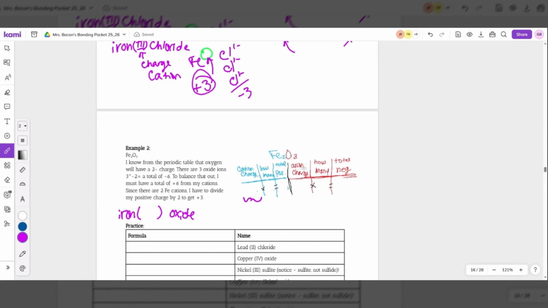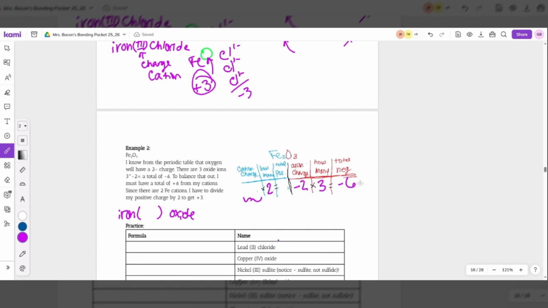Okay, so I'm going to fill in my how many's first. I have 2 iron, 3 oxygen. I use the periodic table to figure out what's the charge on the oxygen. Well, it's -2. So that means my total negatives have to be -6.